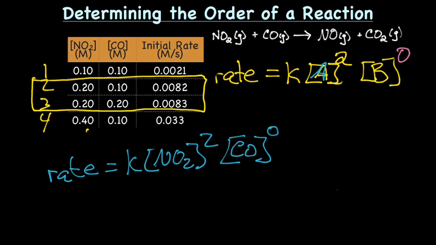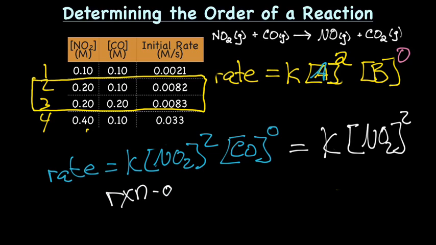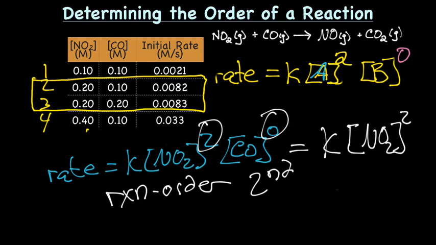So it's really rate equals K, concentration of NO2 squared, because that's really the only part that's affecting the rate of the reaction. And the total reaction order is second order. We got that by adding up the 2 and the 0.